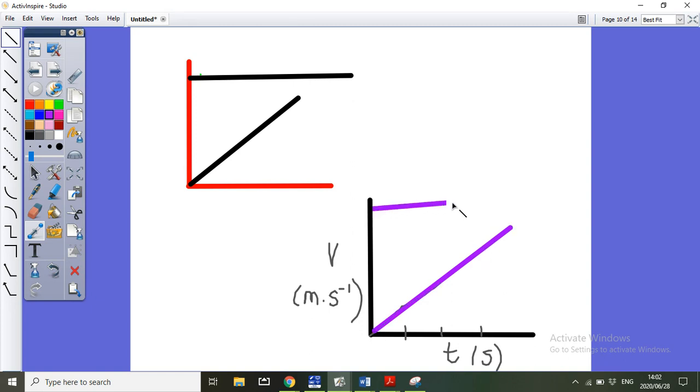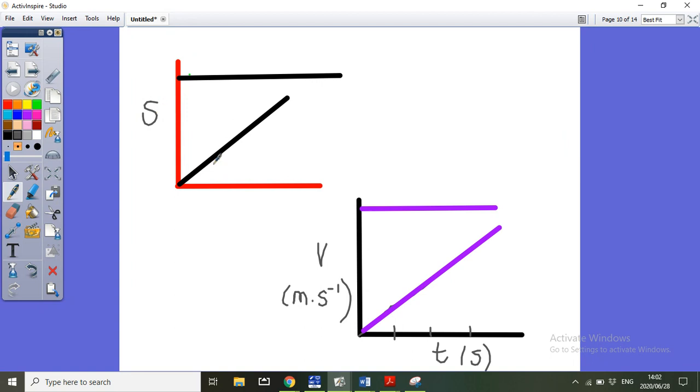Now, please, this is where I want you to see the difference between these two. Because here, when I had my displacement time graph and an object was standing here, I'm just going to make a 6, at 6 meters, it means it's standing still because it's now at 6 meters. And at 5 seconds later, it's at 6 meters.